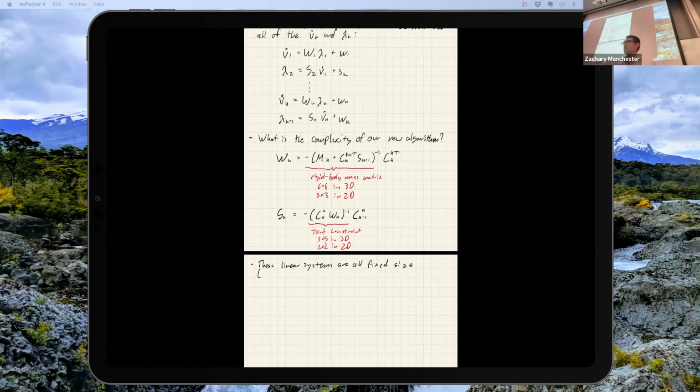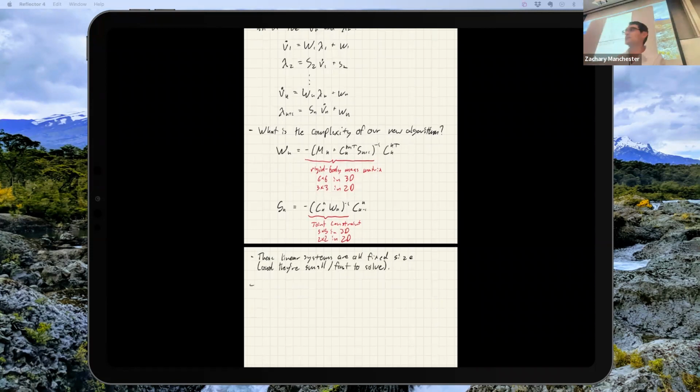These are trivial to invert, so this is very fast and cheap. Cool. So for an n-link system, think about n links in this pendulum thing, I've got n of these little systems to do in my recursion.